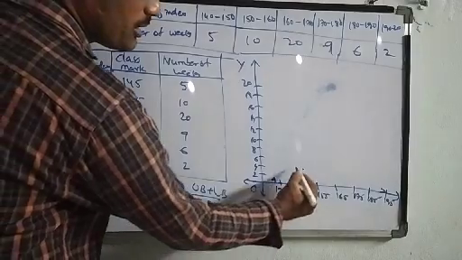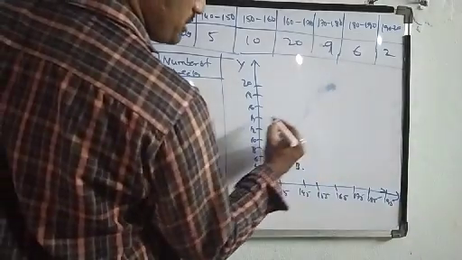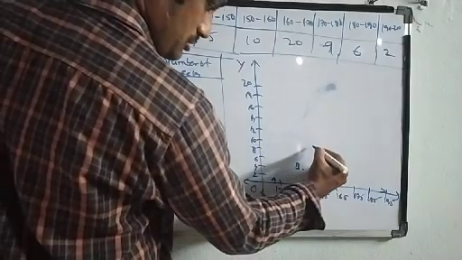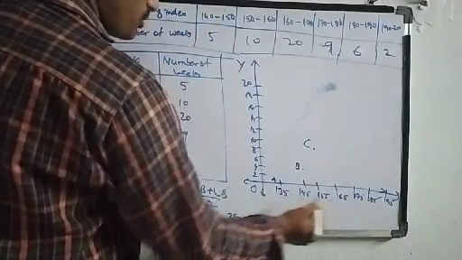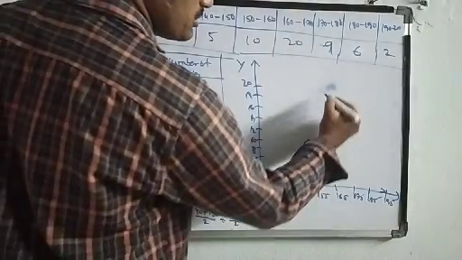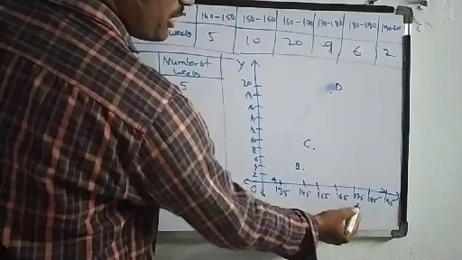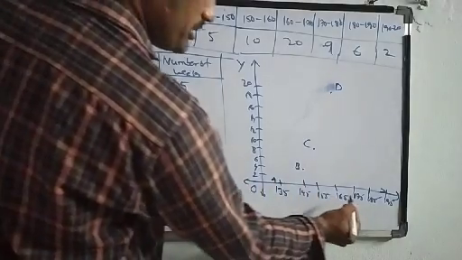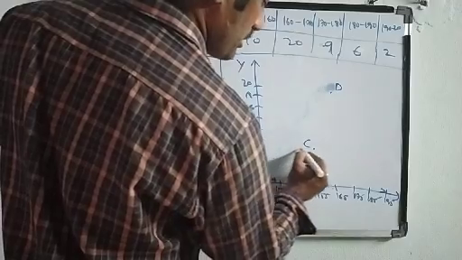So this is point A, this is point B. Next point C, 155 it is taking as 10 units. So 10 is here. This is point C. Next 165 it is taking as 20 units. So this is point D. Next point 175 it is taking as 9 units, so 9 means approximately between 8 and 10.